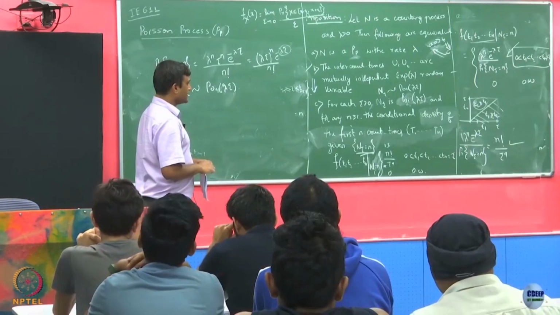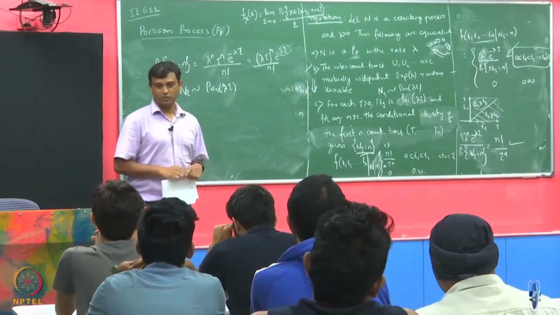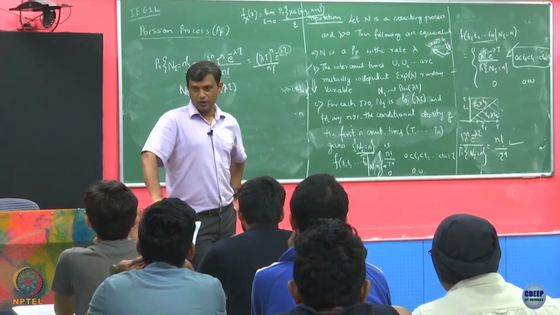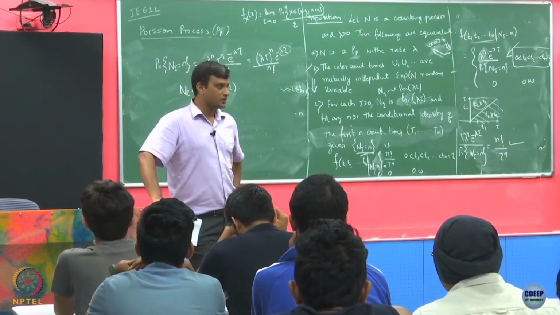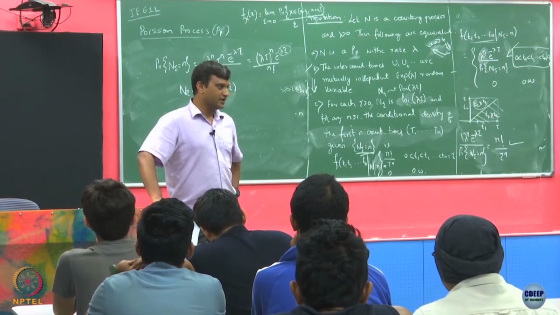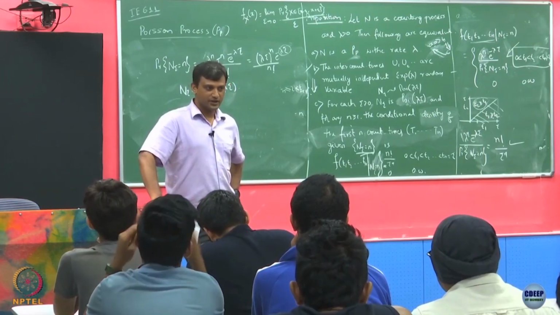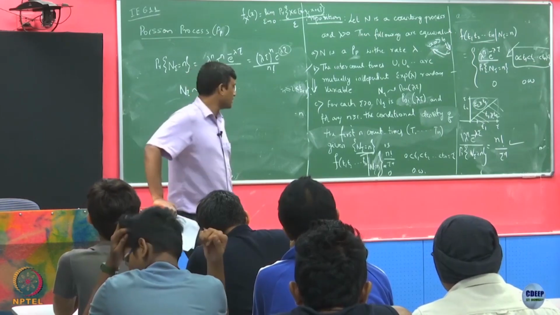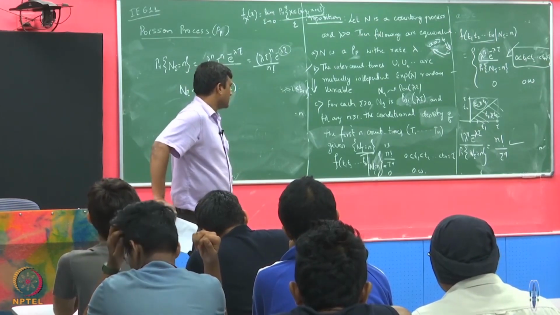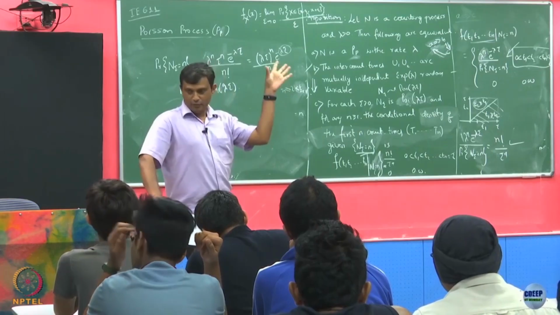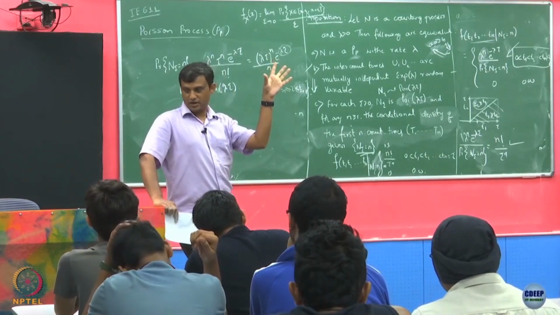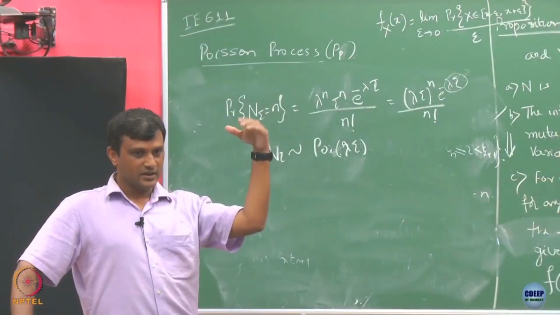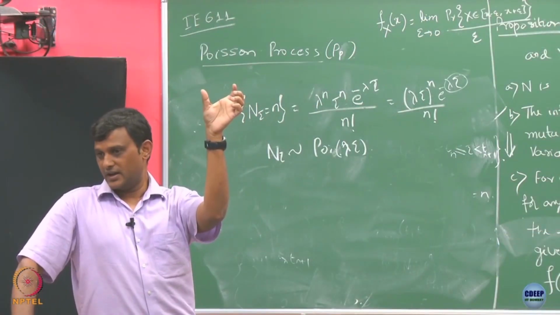So in a way what this third point, point C, is telling us is that the Poisson process can also be thought of as a collection of independent uniform random variables, where the n points that occur can be thought of as happening uniformly in the interval tau.